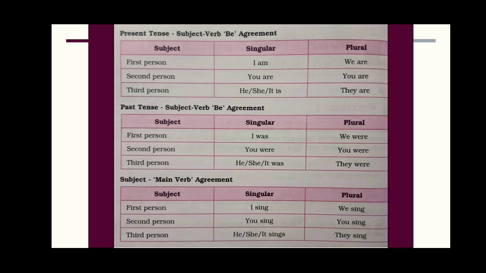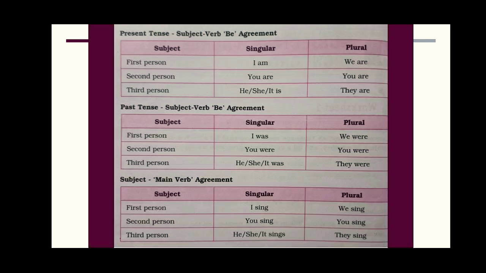So in present tense, when your subject is singular, you would say, and this is for the to be verb, I am, you are, he or she or it is. And for plural, we are, you are, they are. Now for past tense, now this is again for the to be verb.